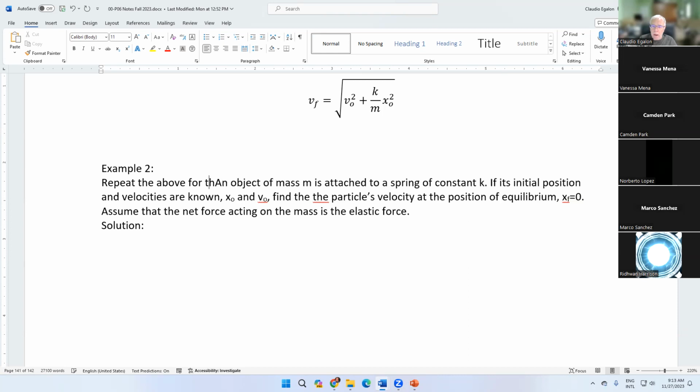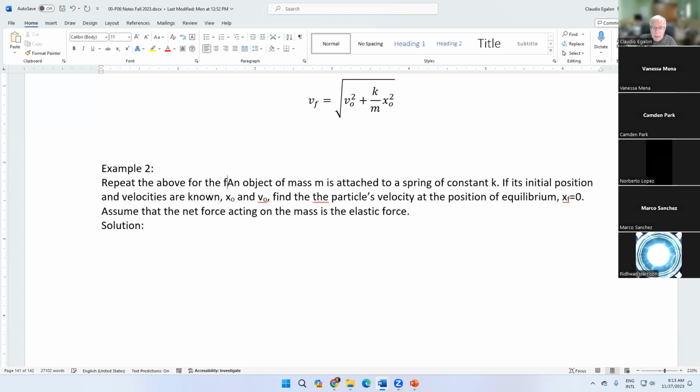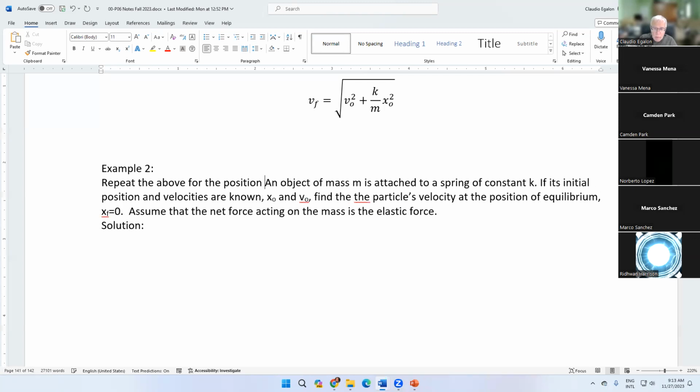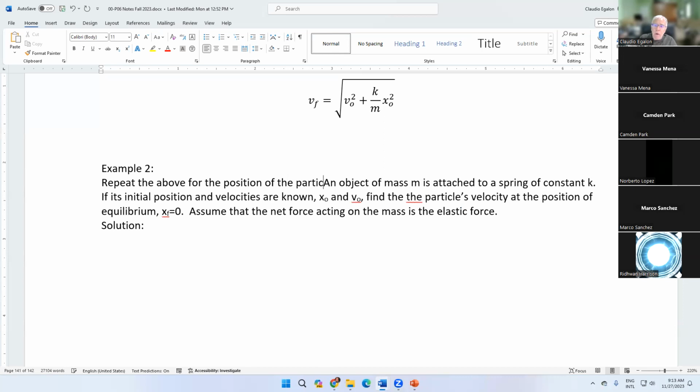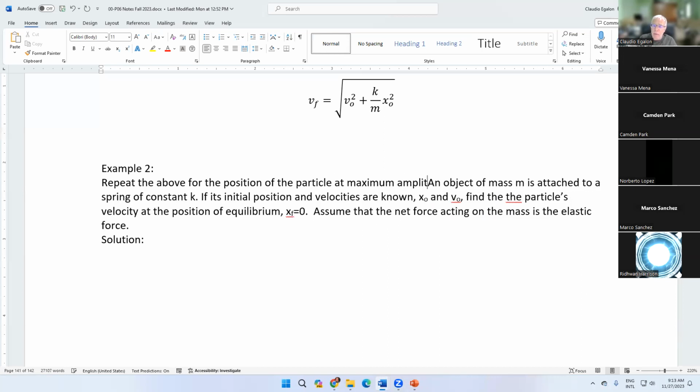Repeat the above for the position of the particle at maximum amplitude.